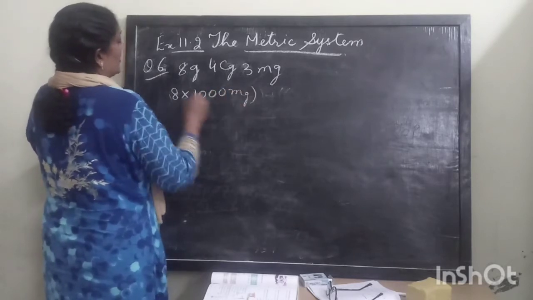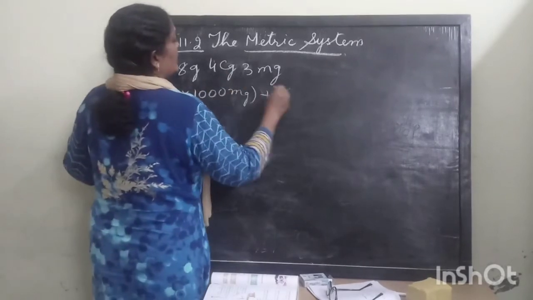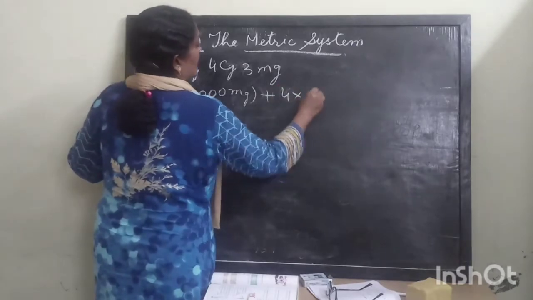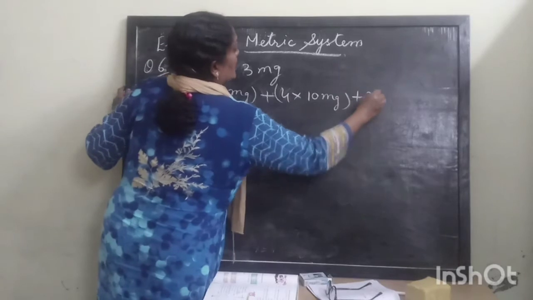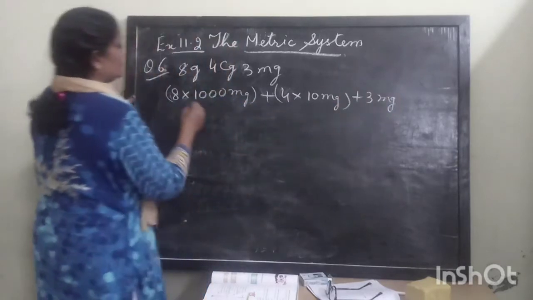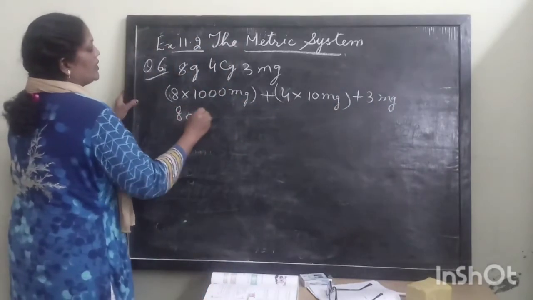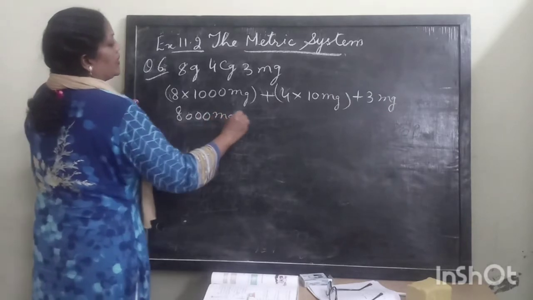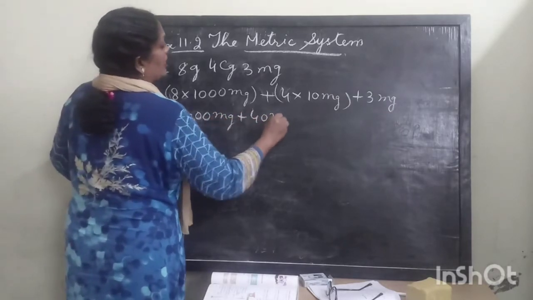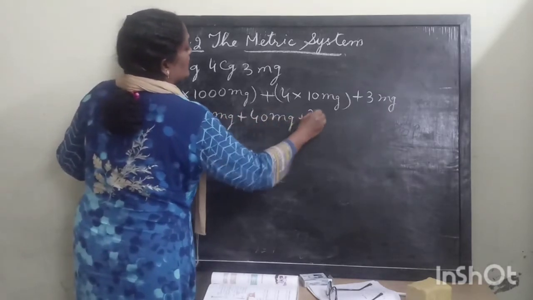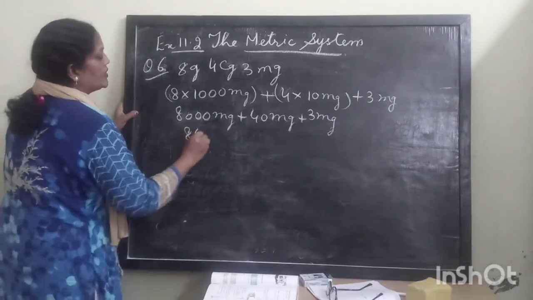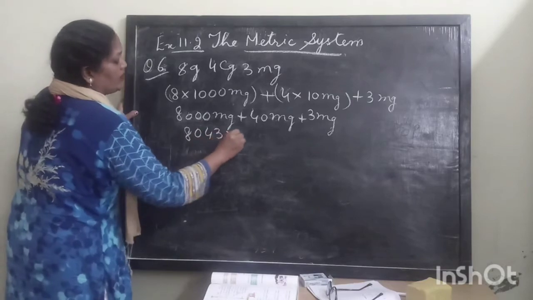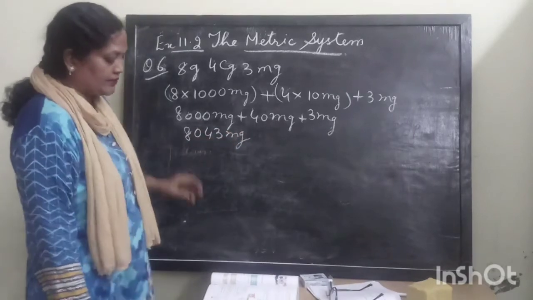Got it? Plus centigram is 10 milligram. Plus 3 milligram. 8000 milligram plus 40 milligram plus 3 milligram. These all units should be the same. 8043 milligram. This is the answer.